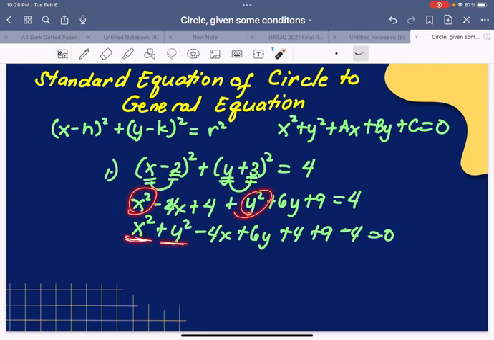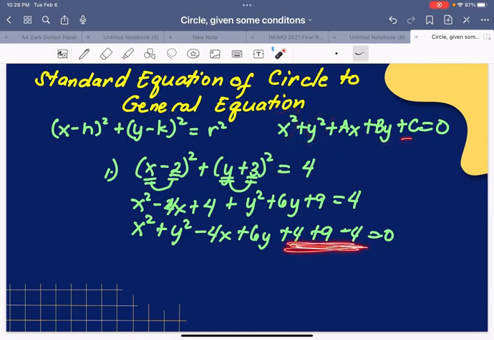Y squared, ito. Minus 4x plus 6y. So, yung mga constant natin, nilagay ko na dito. Tapos, yung 4, nilipat ko dito kaya naging negative. So, inarrange ko siya sa ganitong format. Okay? Mauna yung x squared, y squared, yung may x, may y, saka yung constant.